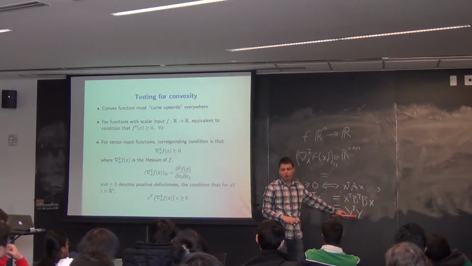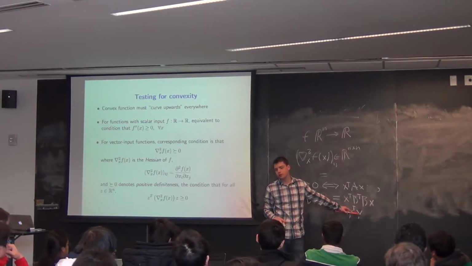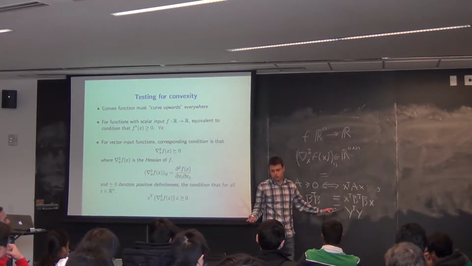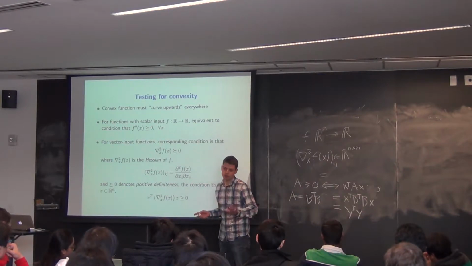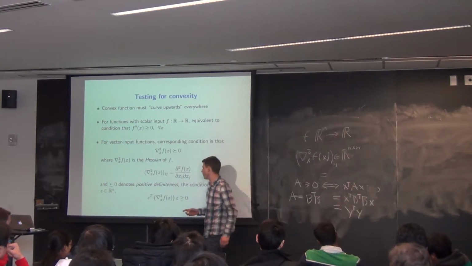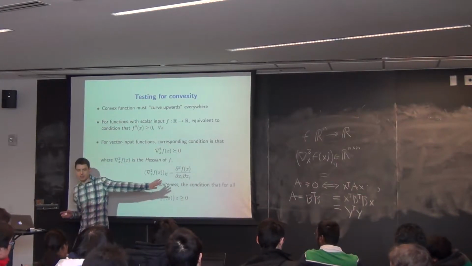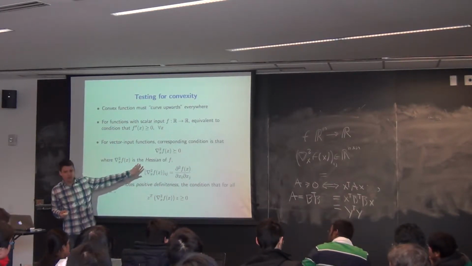And this thing here is always nonnegative. It's the sum of the squared entries of Y. So that's one way you can prove this. But again, we're not going to worry too much about these things for this course. This is just a condition for convexity.